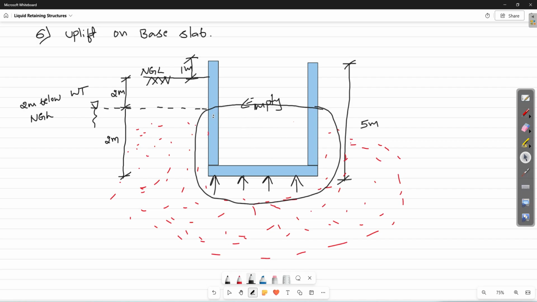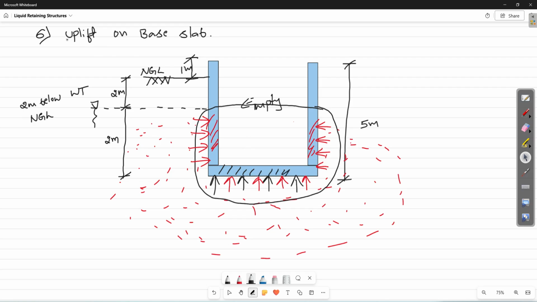This much area is occupied by the tank, and this will cause uplift on these walls and uplift on this base slab also. So this water table will create pressure on these walls and on this base slab also.